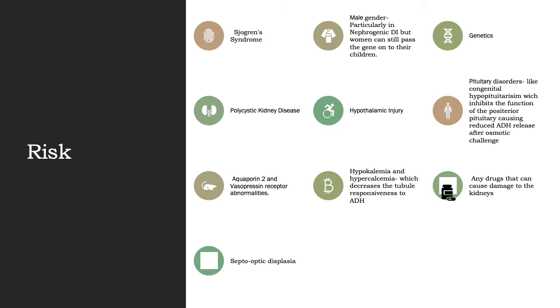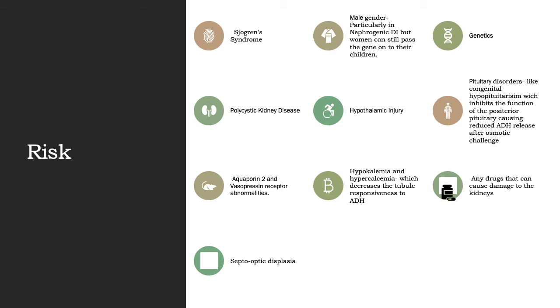So for risks, some of them correlate with nephrogenic, and some of them correlate with central diabetes insipidus.